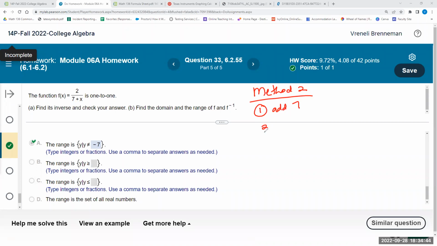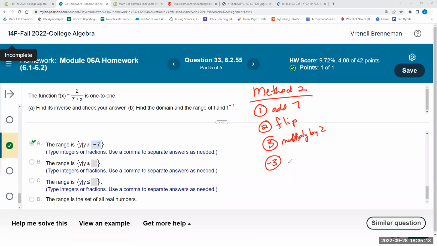But then you have to recognize the x is on the denominator. So once we have the 7 plus x, that's going on the denominator. I'm going to refer to that as flipping. So we're putting it on the bottom. And then the third thing, multiply by 2. But you can see already this is a little bit more complicated, harder to recognize really what's happening to x.